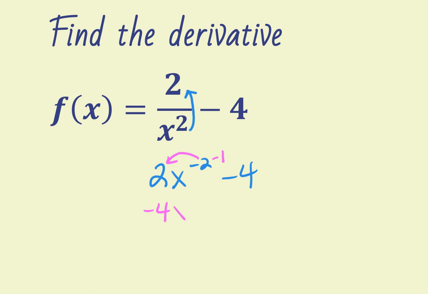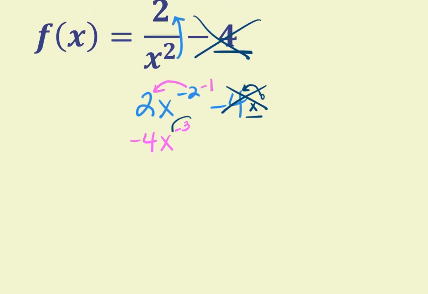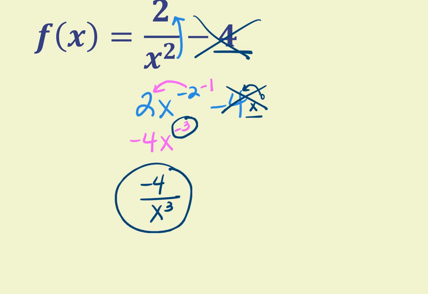Subtract 1 from the exponent, and I get x to the negative 3. There is no variable here, so technically this is x to the 0. The 0 bumps forward, and it cancels out that whole term. So a constant will always just cancel out completely when you find its derivative. Now I can't leave the negative on the exponent, so I leave the negative 4, but that x to the 3rd is going to go back to the denominator.